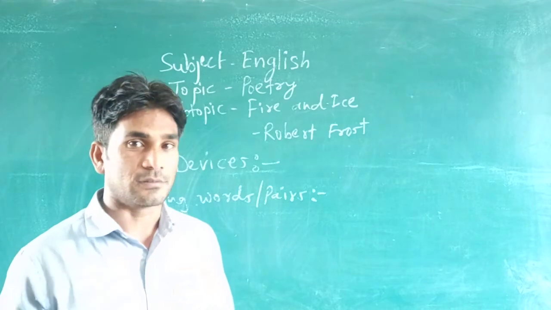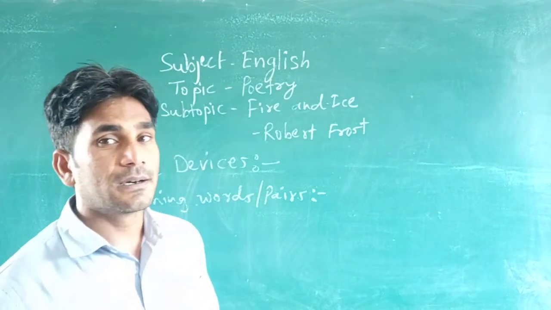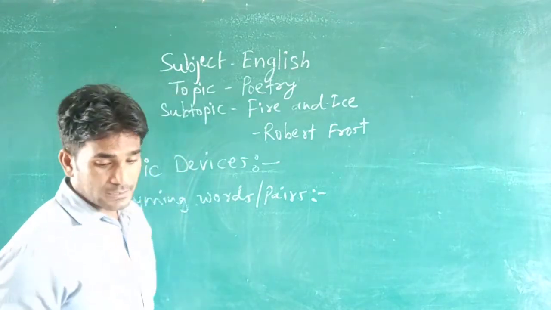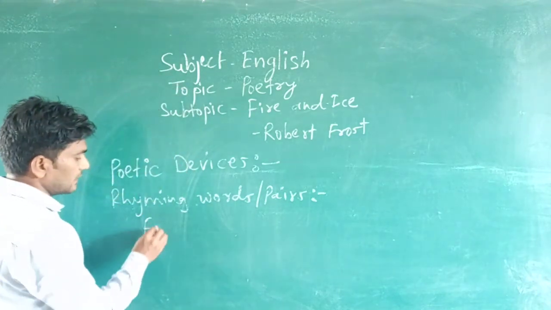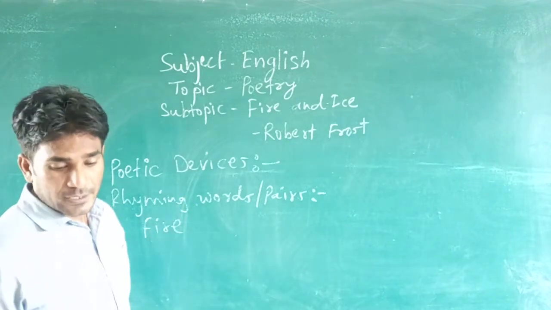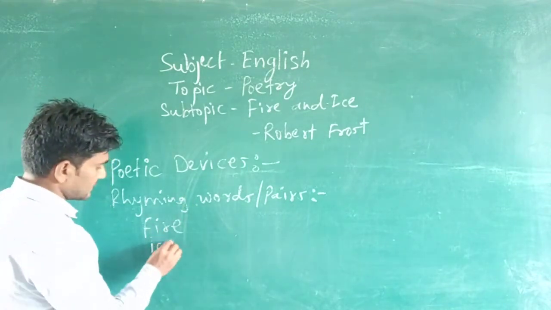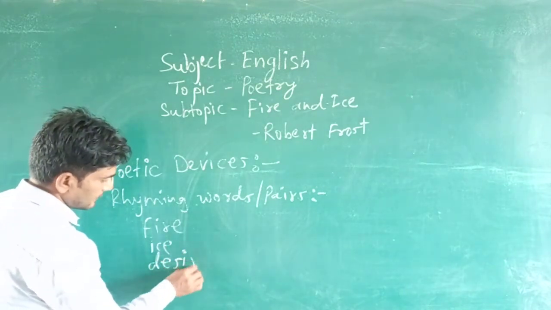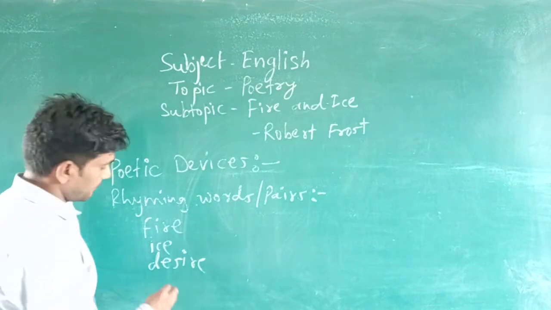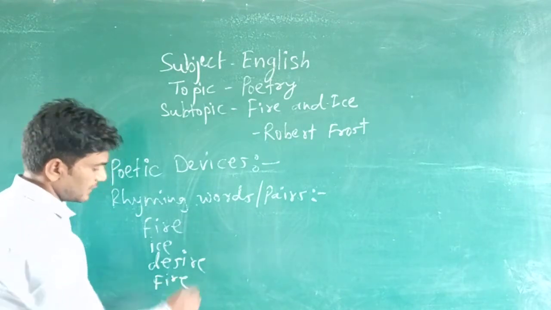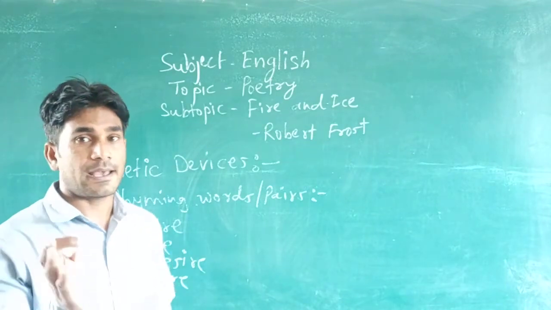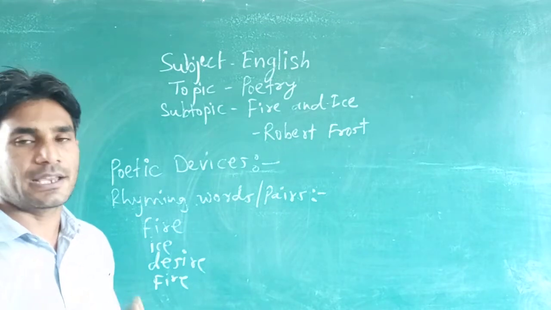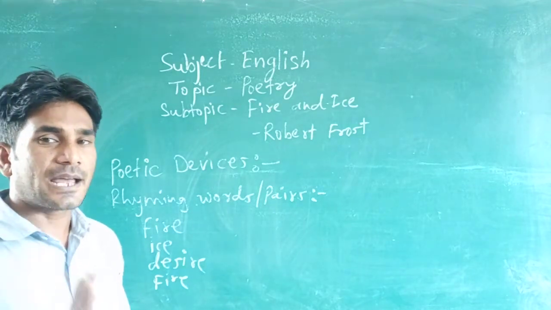Similar sound, okay. So first of all, the last words of each line of the first stanza. In the first line the last word is fire, in the second line ice, in the third line desire, and in the last line fire. As I told you, we have to think about the last word of each line to decide rhyming words and rhyming pairs.